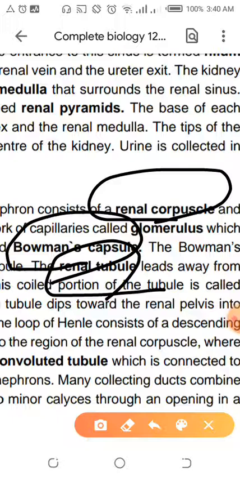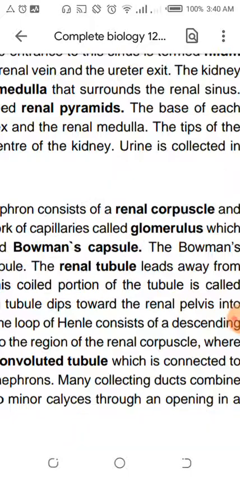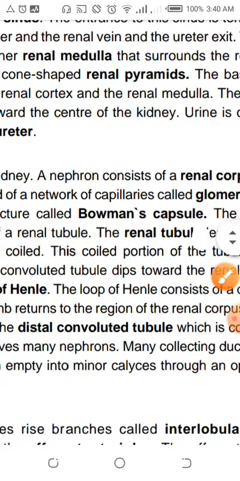In A levels, the Bowman's capsule and the glomerulus are in so much detail that I need to explain for 1 week, because this information will tell how the digested food and urea enter by pressure into the Bowman's capsule. These then become the renal tubule.